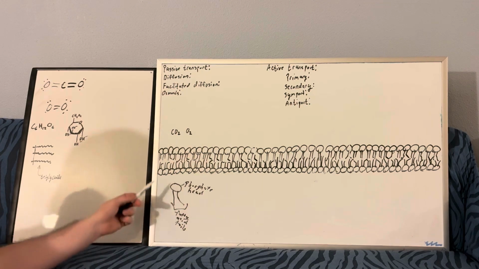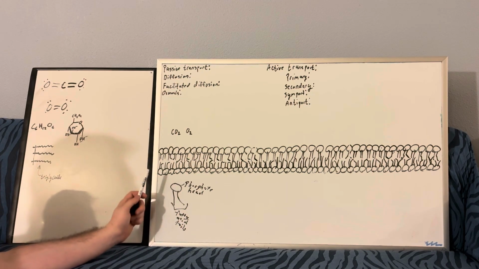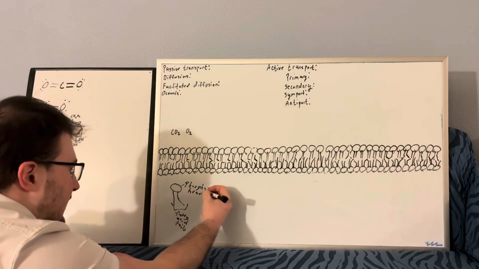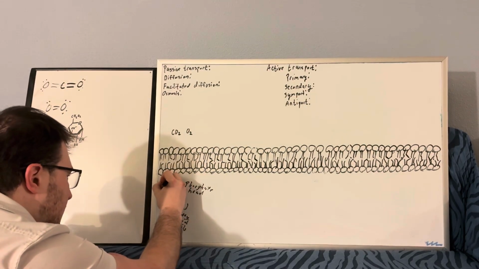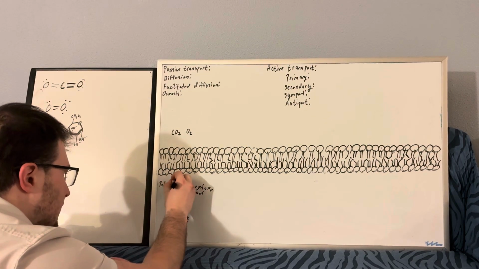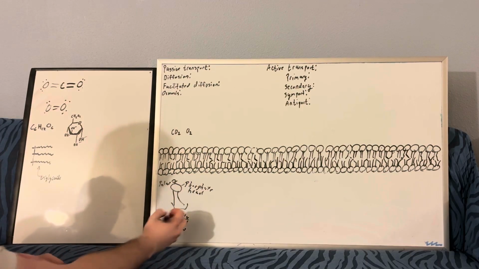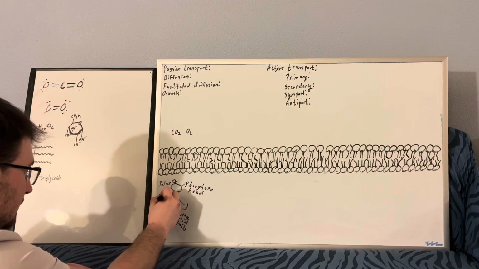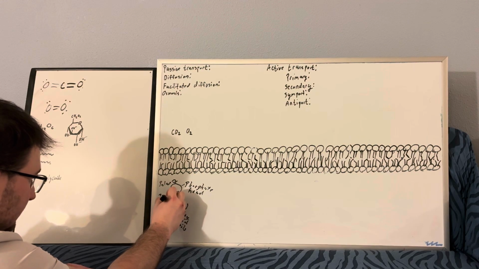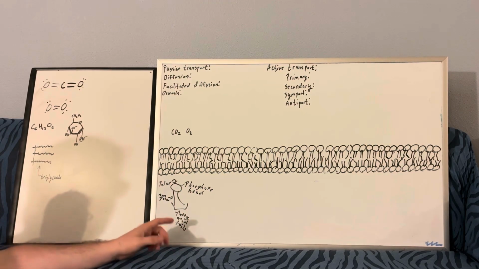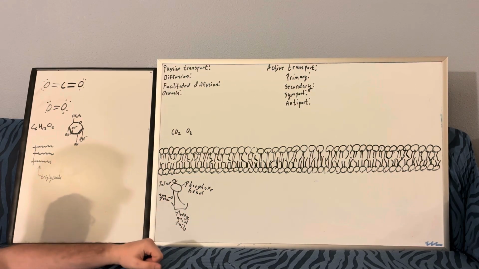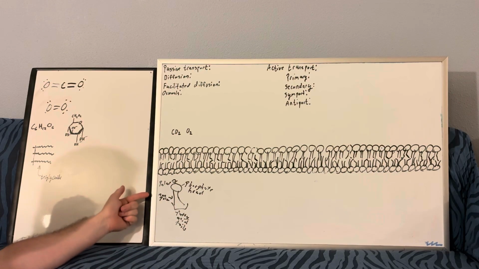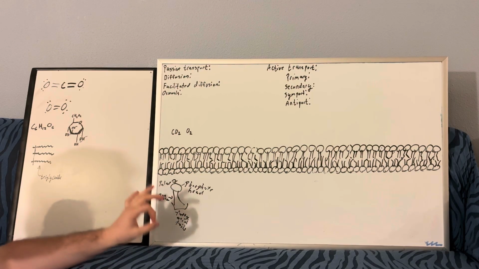You may remember that this phosphate head is polar, and these fatty acid tails are non-polar. So polar and non-polar describe charge. Polar has some charges, non-polar has none. We're going to switch these terms a little bit.